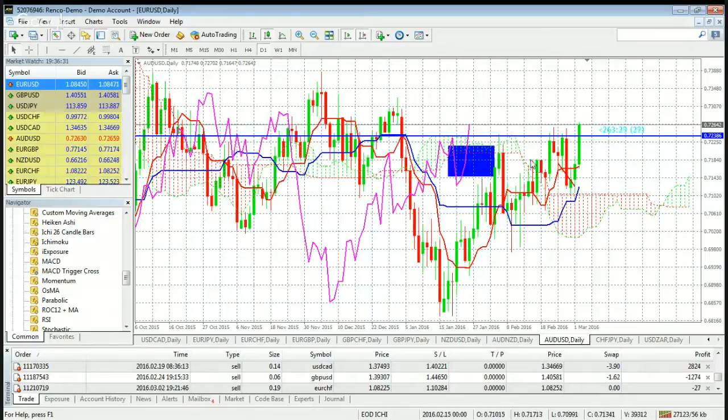Remember when we had price roughly doing the Kumo break? We didn't really want to take it because the future Kumo wasn't bullish yet, so we wanted to wait a little bit longer, and we did wait. The future Kumo cross did happen, but I wasn't happy with where price was at that point in time, because we've got this huge support and resistance level that's formed at the top of these clouds.